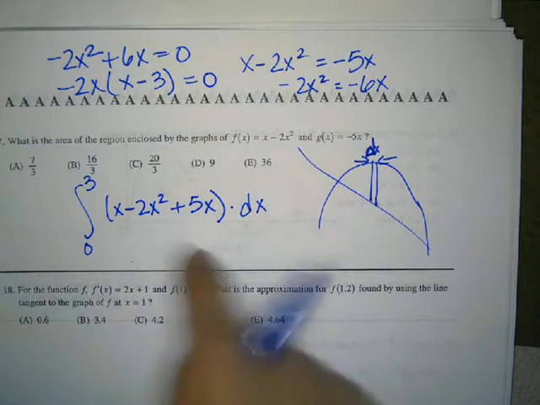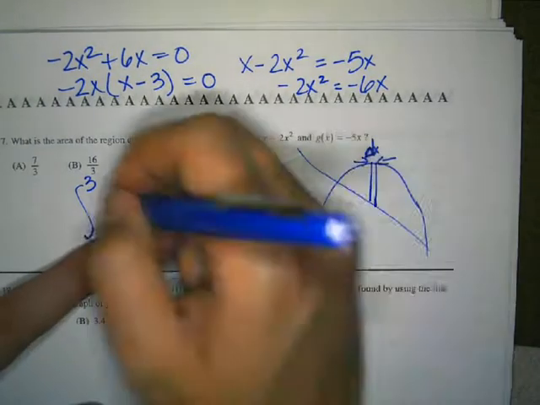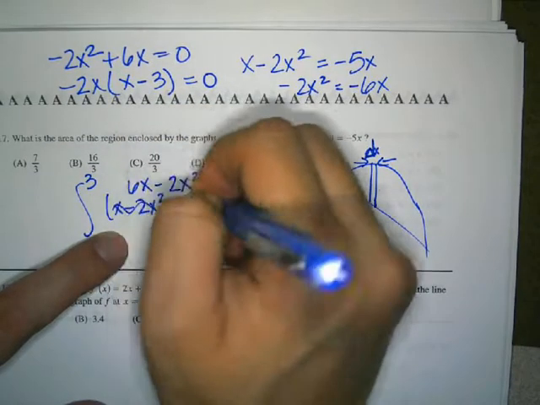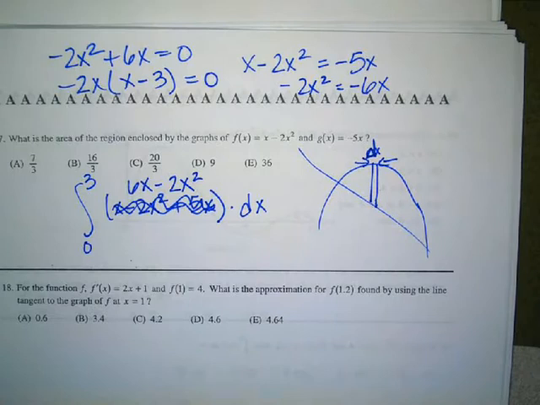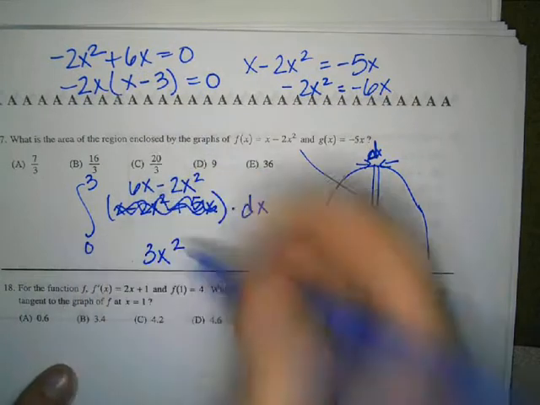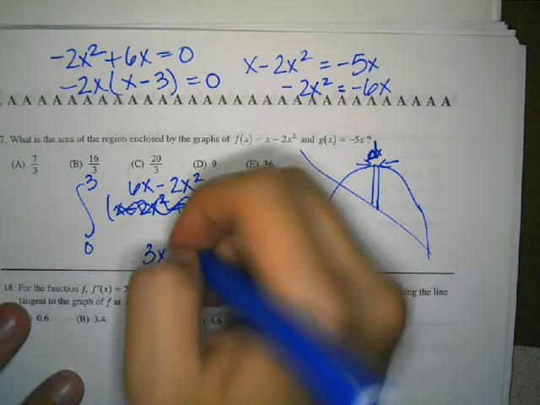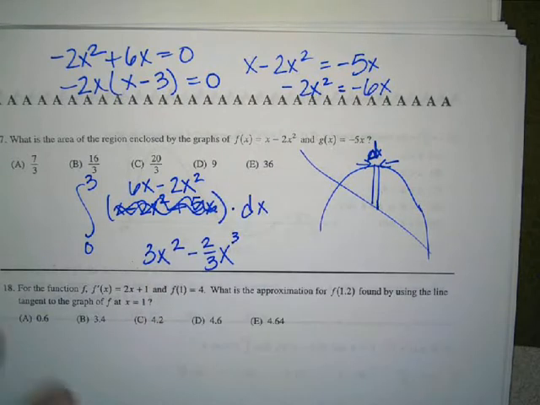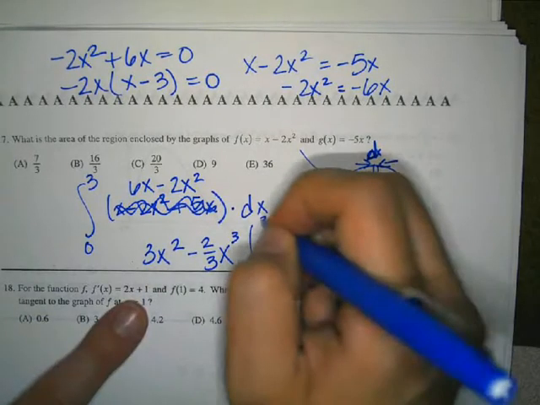Then before I integrate, let's simplify that to be 6x minus 2x squared. If I integrate, I should get 3x squared minus 2/3 x cubed. Is that right? Okay, and then we evaluate that from 0 to 3.